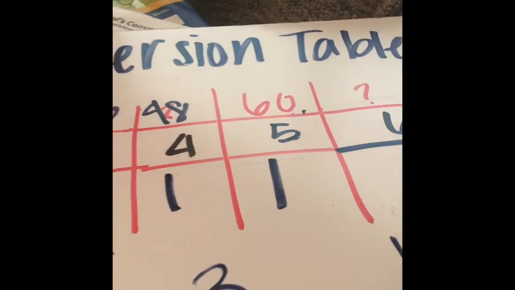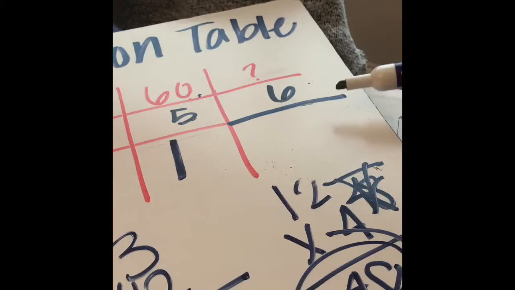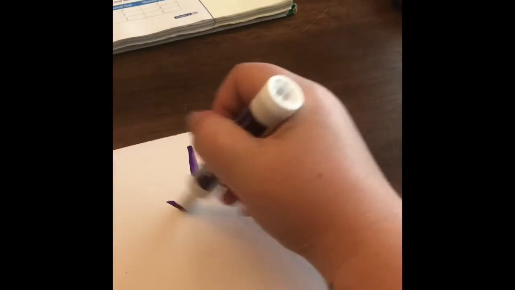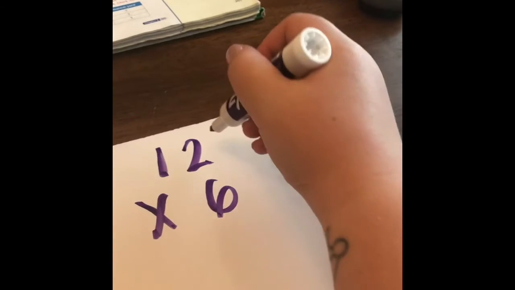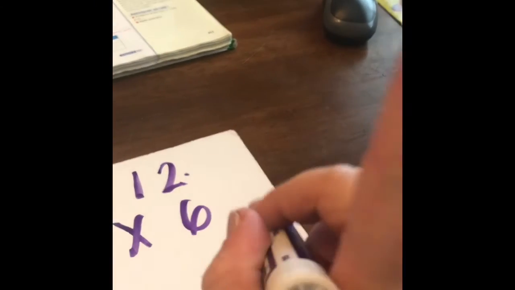So, okay, we are back over here with that 6 feet. We're going to do the 12 multiplication to figure out how many inches, and then we're going to break it down to how many yards. So we have 12 times 6. Why do we have 12? Because there are 12 inches in 1 foot.